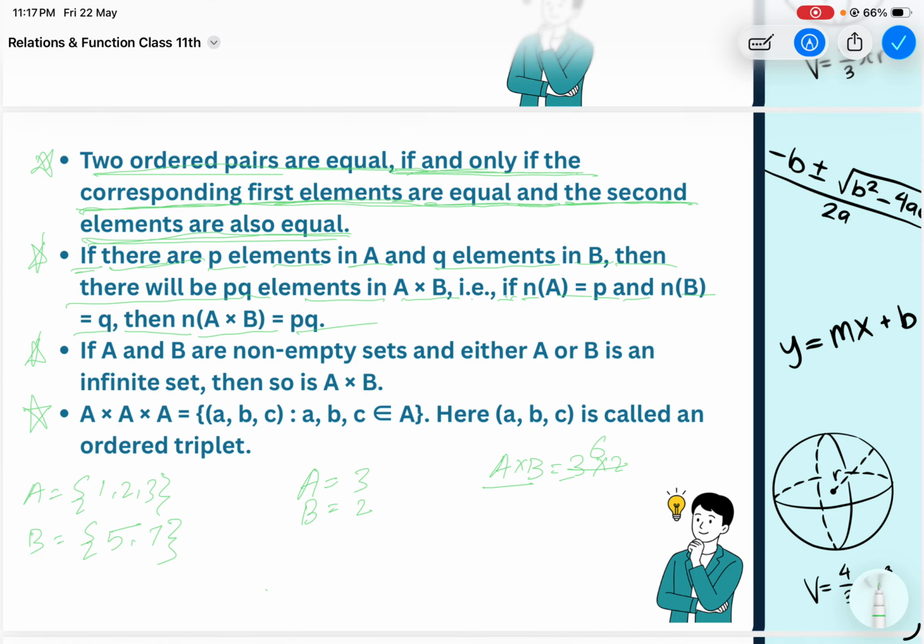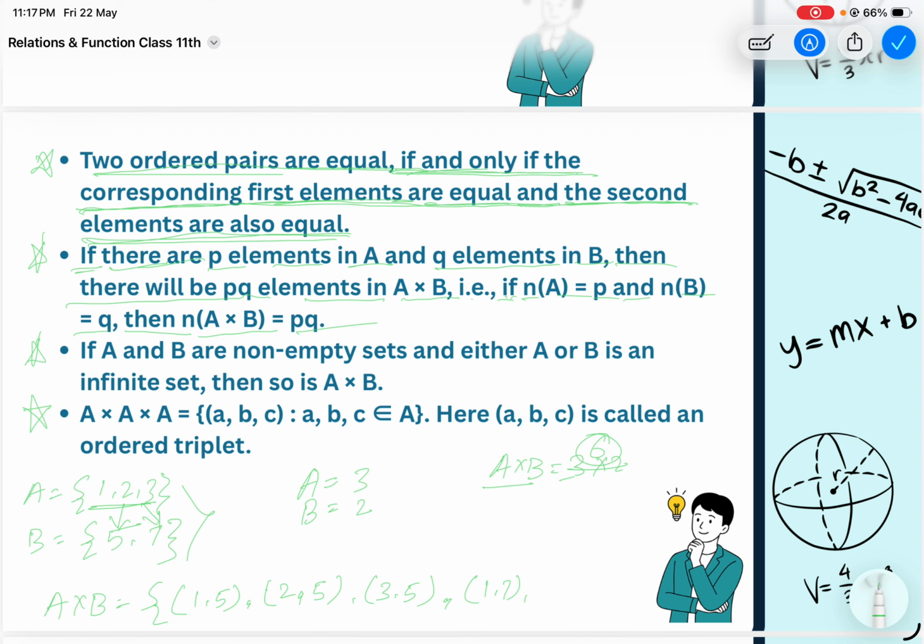So here what we see, if we take the ordered pairs of both sets, then there will be 6 ordered pairs. Let's take ordered pairs of 1, 2, 3 with 5. So A cross B equal to (1, 5), then (2, 5), then (3, 5), right? Now we will take ordered pairs of all 1, 2, 3 with 7.